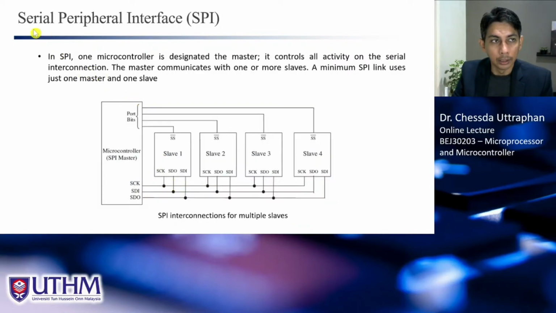For the serial peripheral interface SPI, this is how we connect the peripherals that we want to connect to our microcontroller. We call them slaves in this case, and our microcontroller will be the master. We can see that we connect all the slaves using the common bus, the same line.